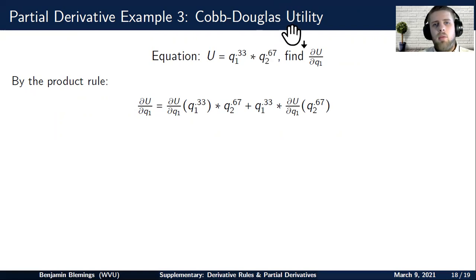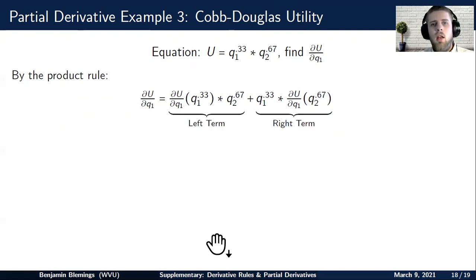So let's say we have Cobb-Douglas utility where your utility depends on q1 and q2, and we want to find the derivative of utility with respect to q1. By the product rule, we know that this is the derivative of q1 to the 0.33 times q2 to the 0.67, plus q1 to the 0.33 times the derivative of q2 to the 0.67.